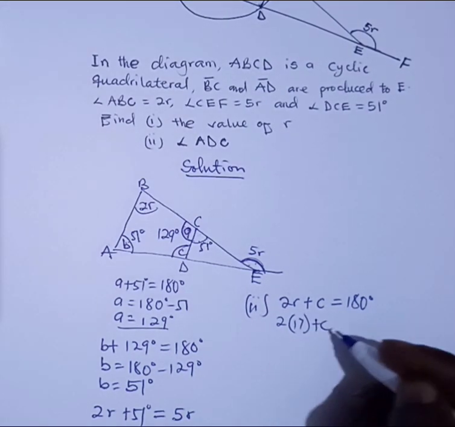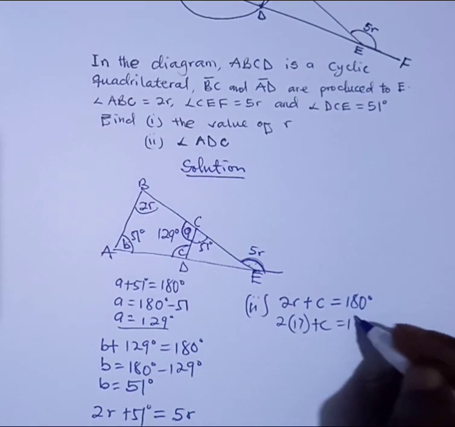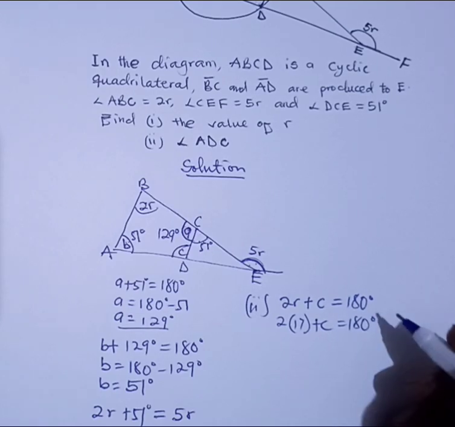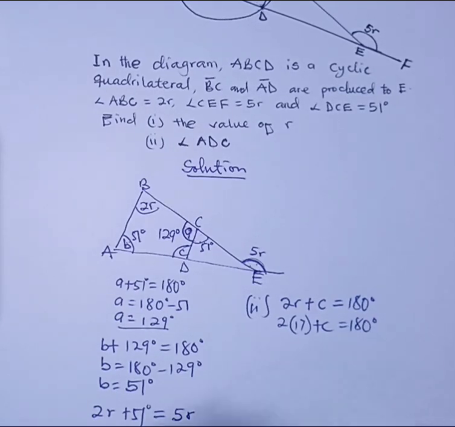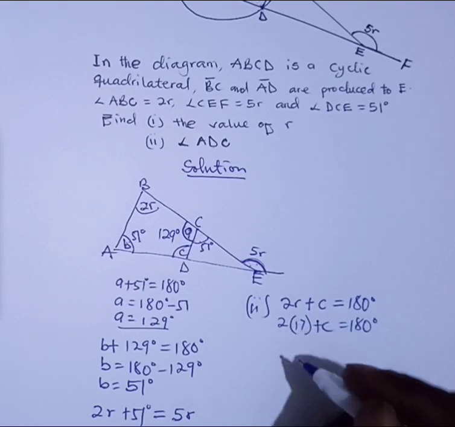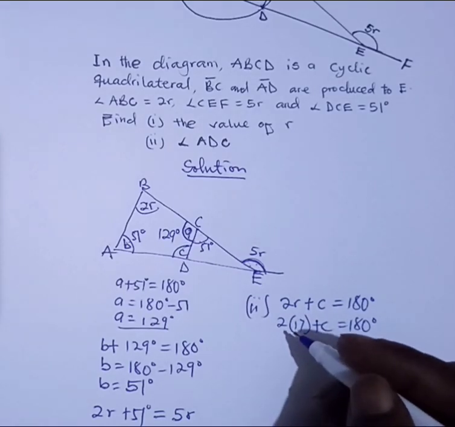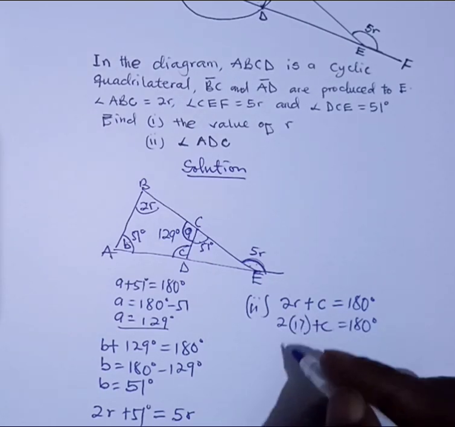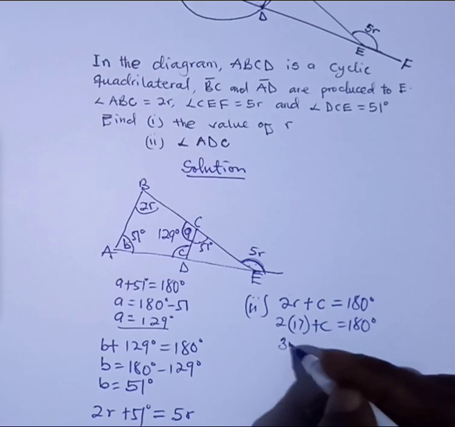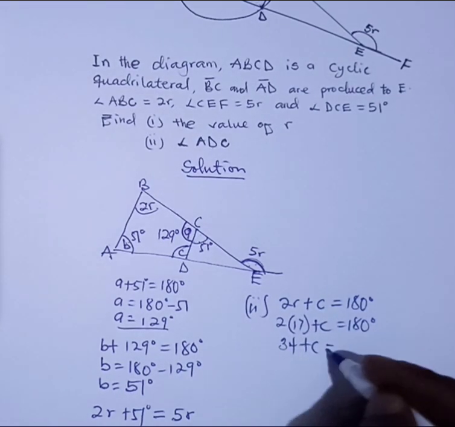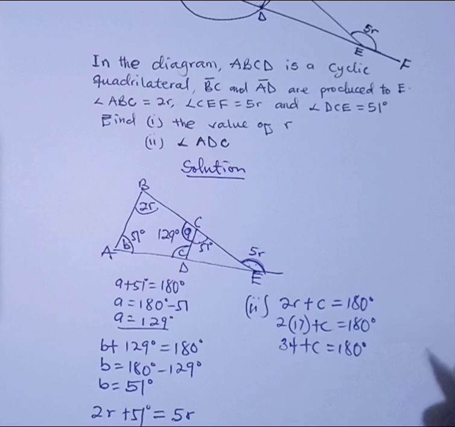Then plus c is equal to 180 degrees. Good. So 2 times 17 will give me what? Okay, so we get 34. So 34 plus c is equal to 180 degrees.